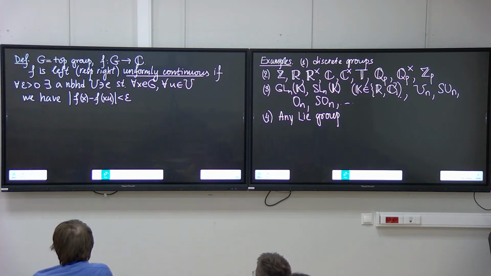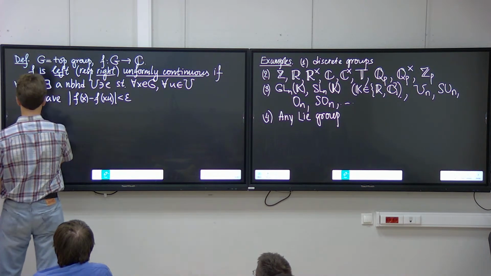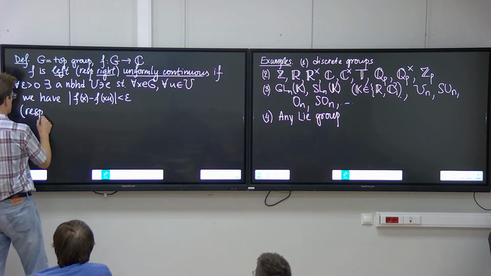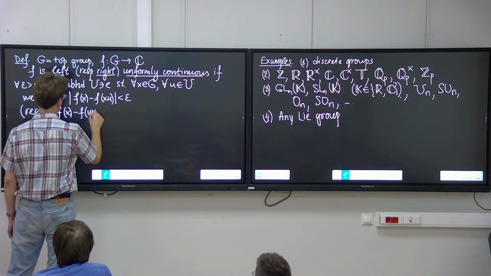So this is the left uniform continuity, and for the right uniform continuity, we require that |f(x) - f(ux)| < epsilon.